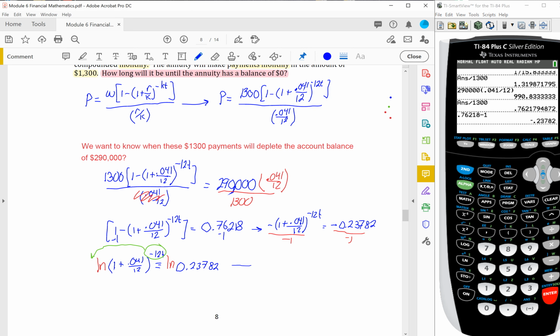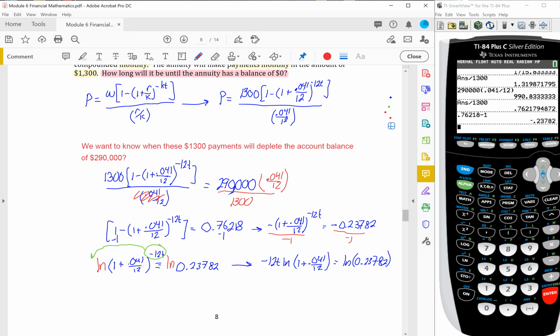So this will now give us negative 12t natural log of 1 plus 0.041 divided by 12 equals the natural log of 0.23782.